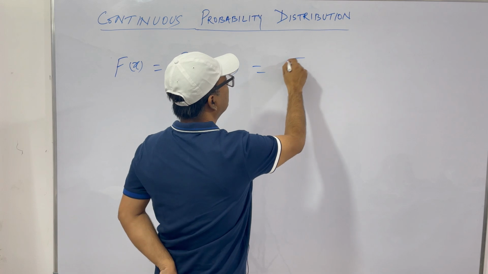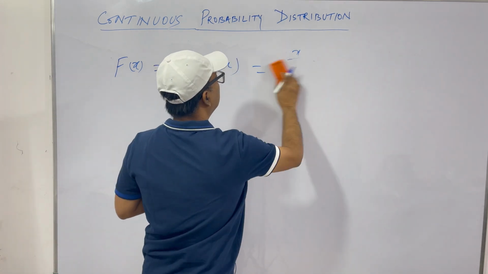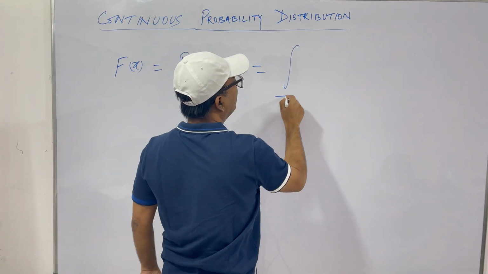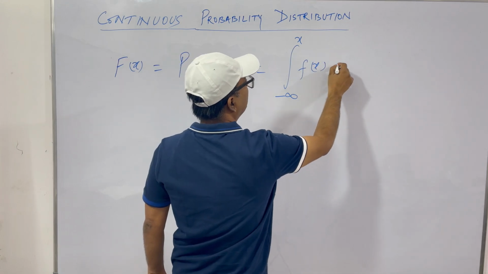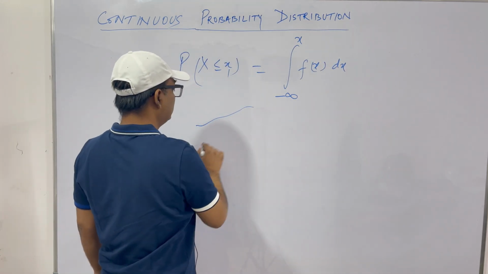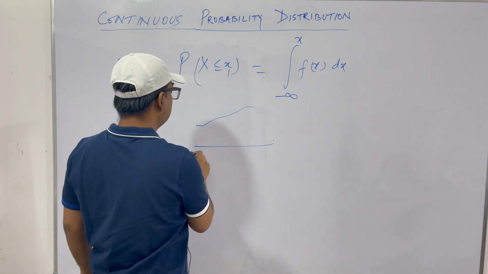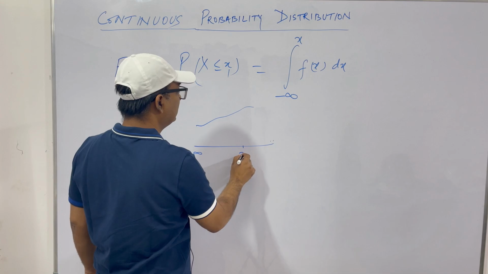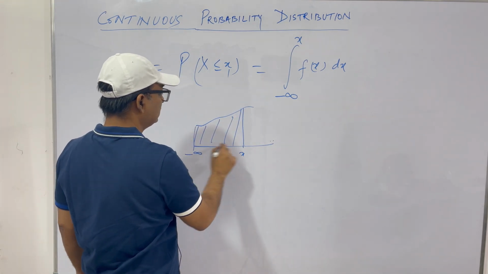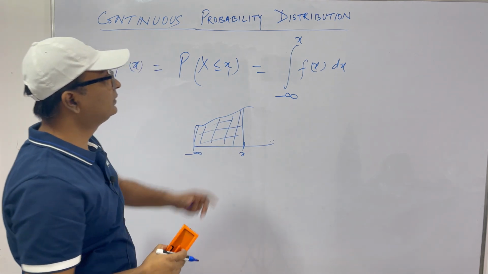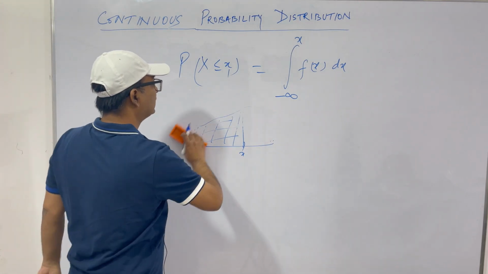There we had the sum of p_i from i equal to 1 to x. Here in continuous form, this is the integral from minus infinity to x of f(x) dx. So the area shaded from minus infinity to x is equal to the distribution function for this continuous variate.